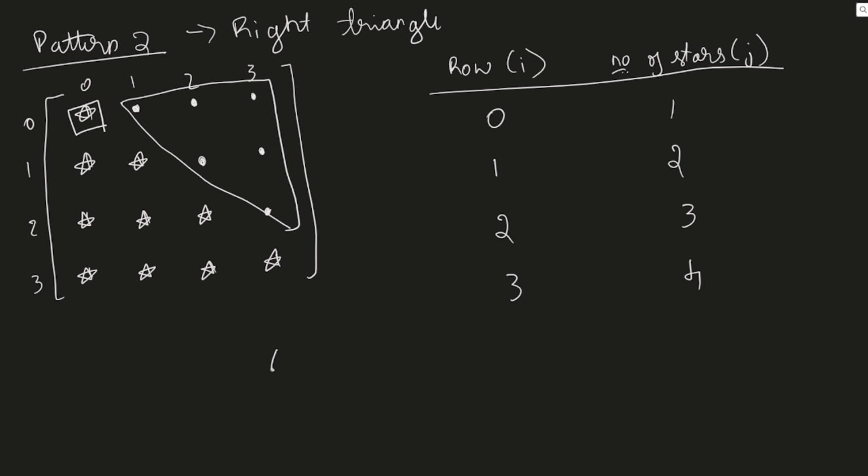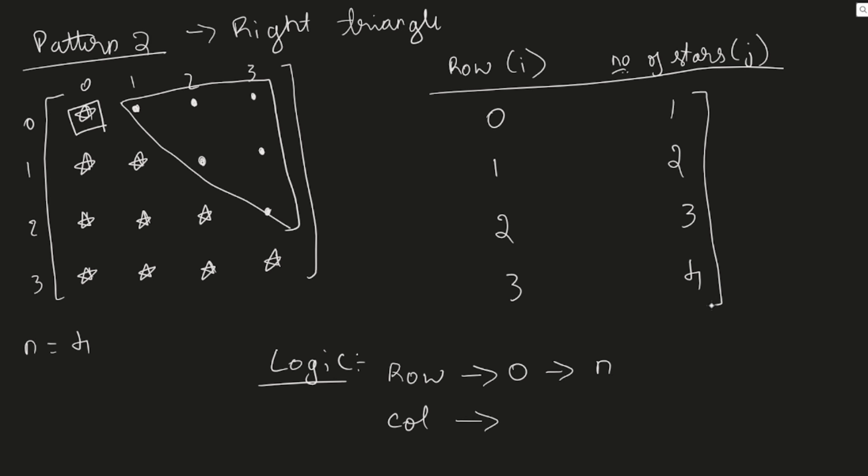Let us write the logic here. We all know row goes from 0 to given n. By the way, input for this pattern is 4. And the logic for column is, can't I represent these numbers as I plus 1?